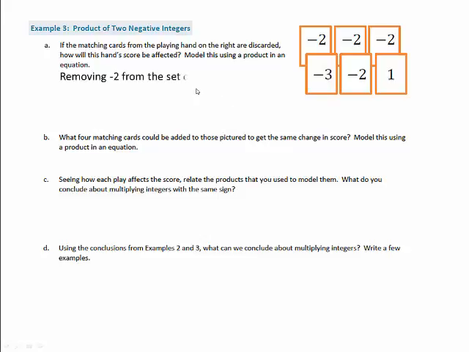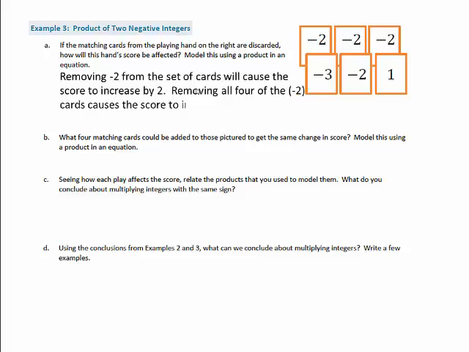So if I discard a negative 2 from the set of cards, it increases by 2, and removing all 4 of the negative 2 cards causes the score to increase by 2 4 times. That gives me a total increase of 8. So negative 4 times negative 2 equals 8. This means that if I discard my negative 2 4 times, that's what negative 4 means, and the negative 2 is the thing that I'm getting rid of, my score goes up by 8.